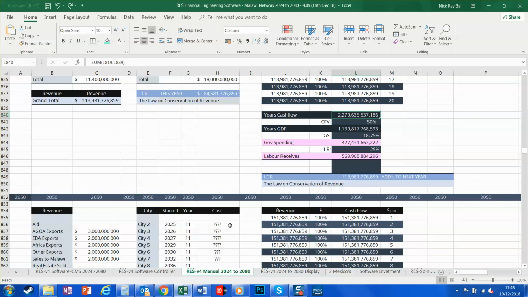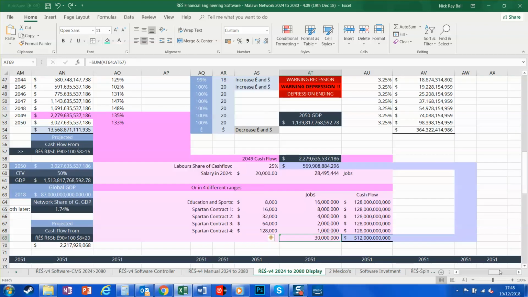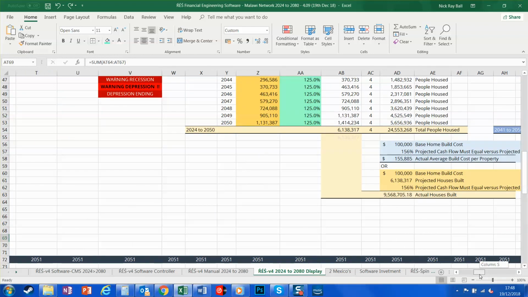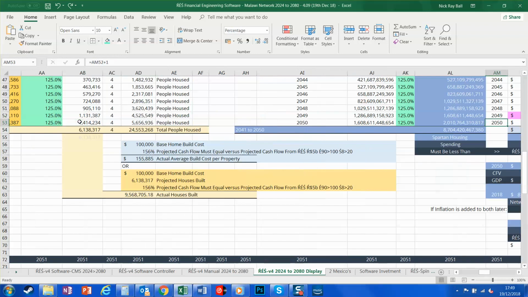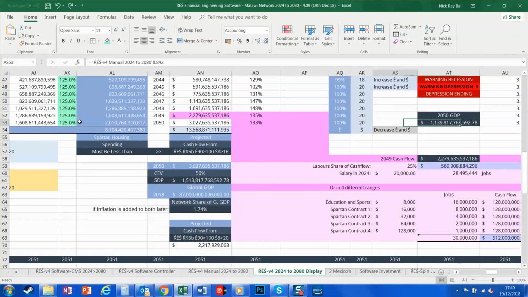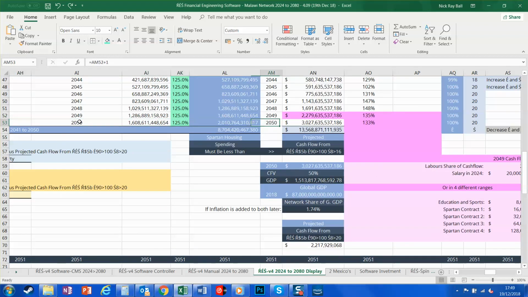Let's see how that plays out on the controller. This is at 2050. Okay, there we see that growth.